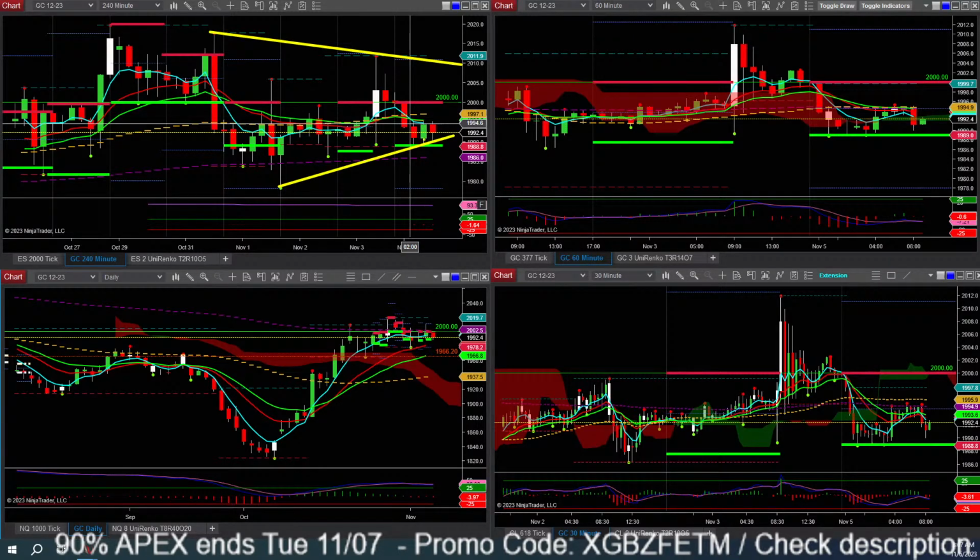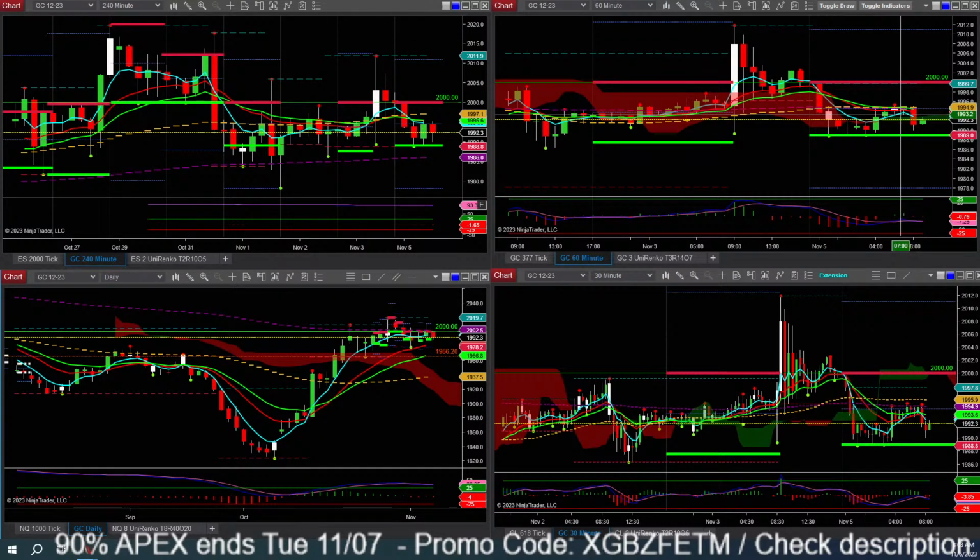Red candle on the 240, moving a little bit down and bouncing off of this resistance level there. So it's sideways. On the 1 hour, it's sideways as well. It triggered here a bear flag, went into support, and it's moving to the upside. So we'll see.